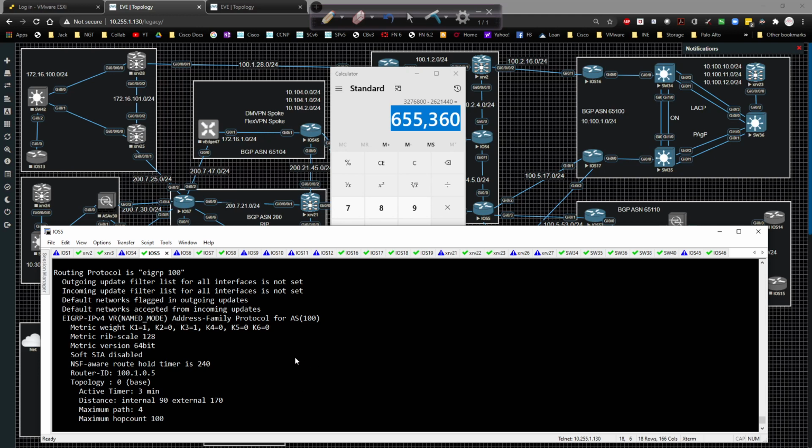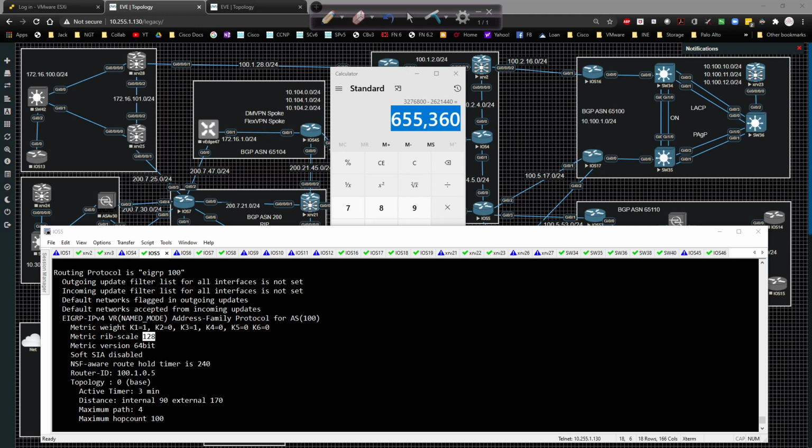The other one that you see here is the rib scale. The rib scale is for situations where the regular IOS routing table supports only 32-bit metrics.